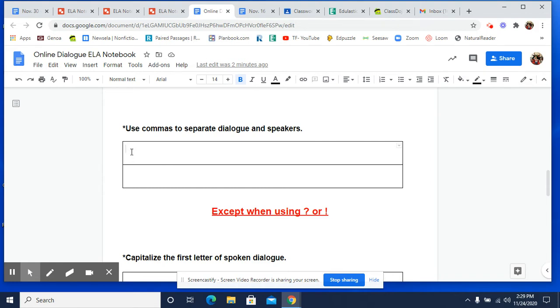Okay. So it's just a command. I start with quotation marks, get busy, and I put a comma because the comma separates what is being said from who is saying it. So get busy, space, demanded mom, and period. Okay.